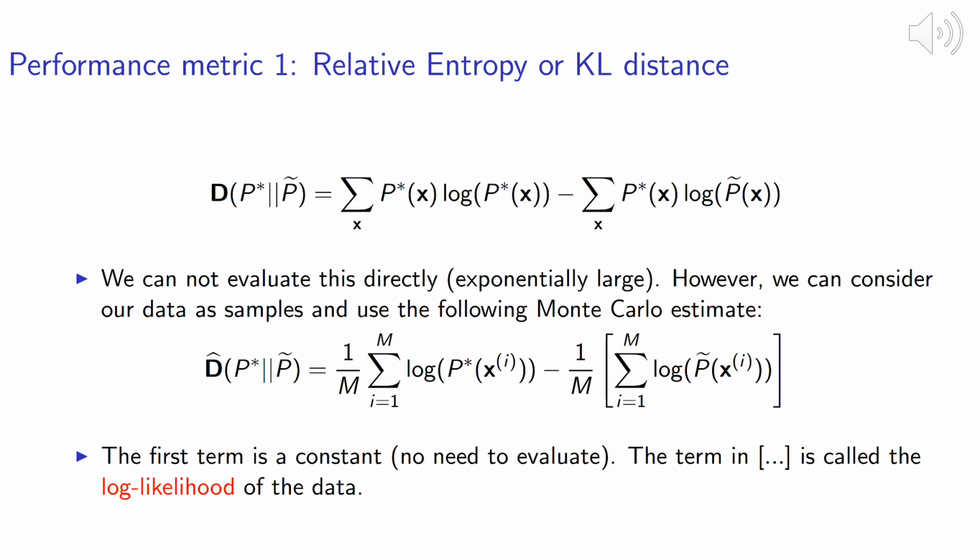Unfortunately, one of the problems with this definition of KL divergence is that we cannot evaluate it directly. This is because it's defined over an exponential number of terms, and if the model has a high tree width or it's complicated, either P star or P tilde, we won't be able to compute it.